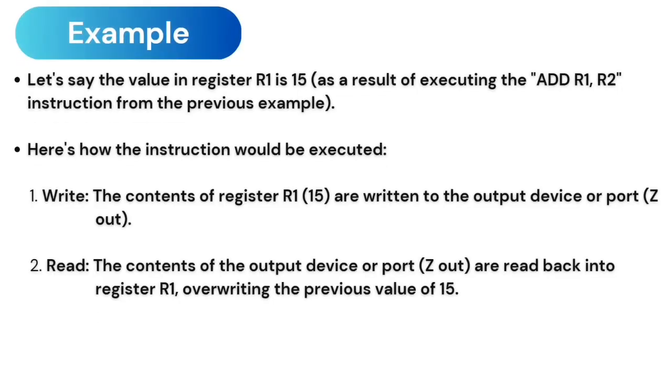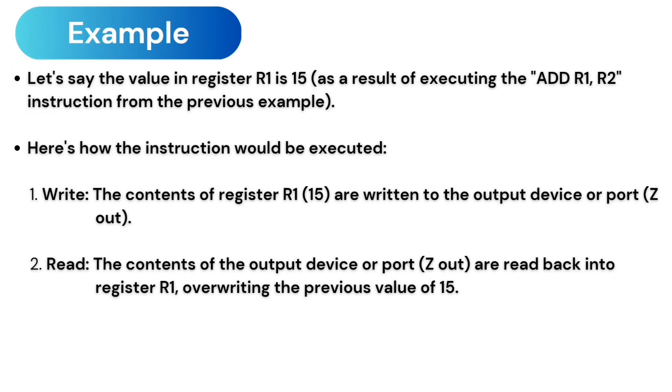So next example, let's say that the value of register R1 is 50 as a result of executing the add R1 R2 instruction from the previous example. Here is how the instruction would be executed.